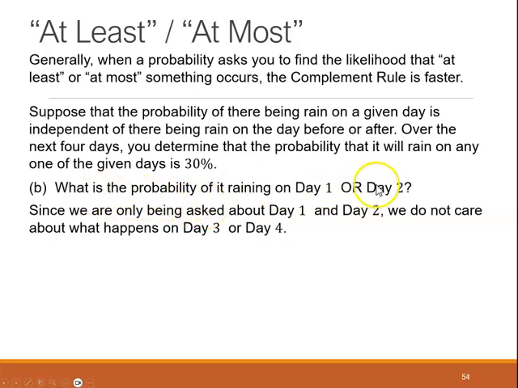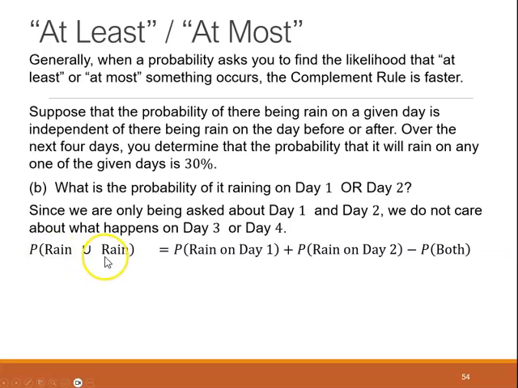The probability of it raining on day 1 or raining on day 2. So this is or, right? So the probability is going to be rain on day 1 plus the probability of rain on day 2 minus the probability of it raining on day 1 and day 2.